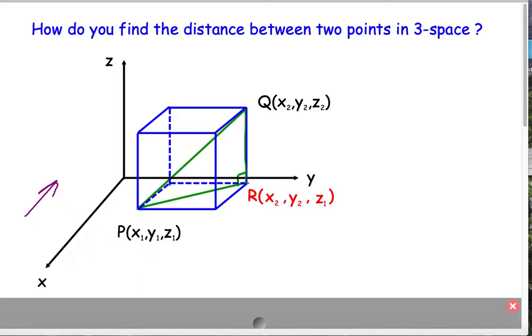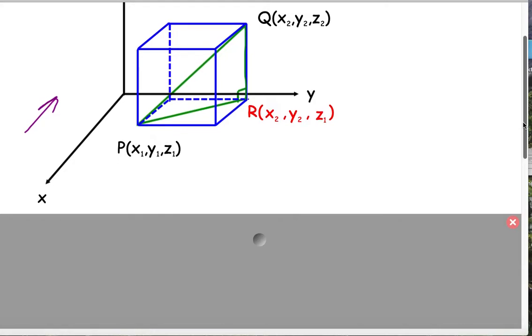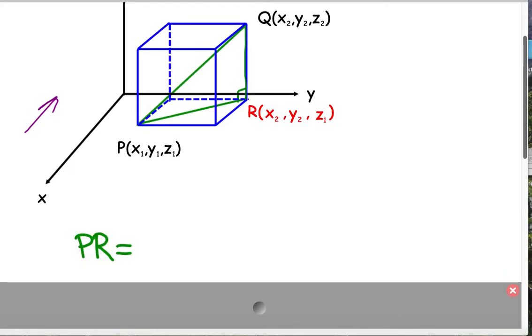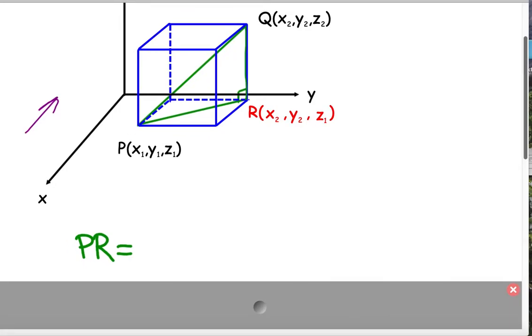All right, so we're trying to find the distance from P to Q. Let me start with finding the distance from P to R. Since that's in a 2-dimensional plane, the bottom of the box, and since they have the same z values, we can basically just think of a 2-dimensional plane which contains x sub 1, y sub 1, and x sub 2, y sub 2.